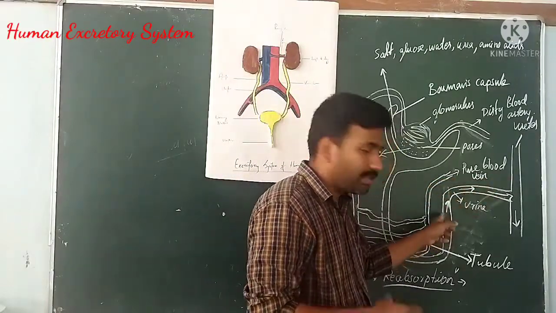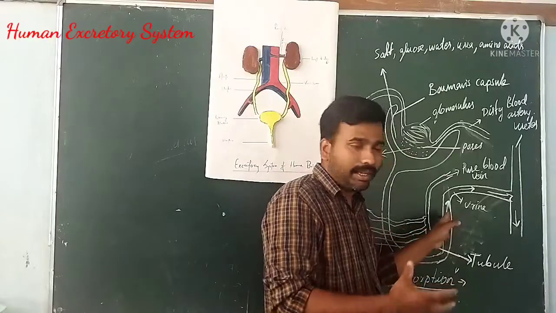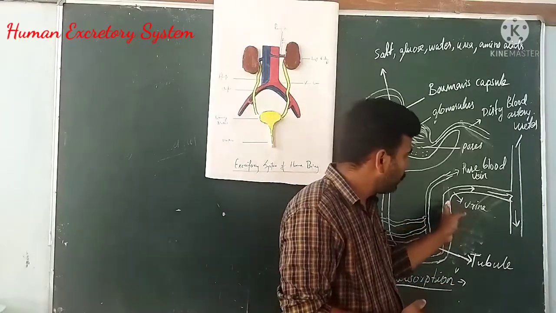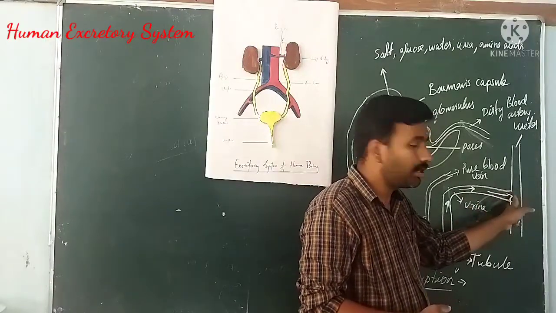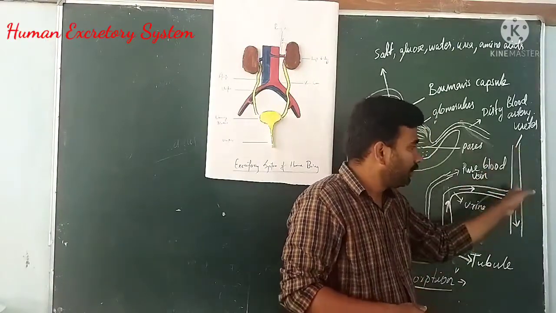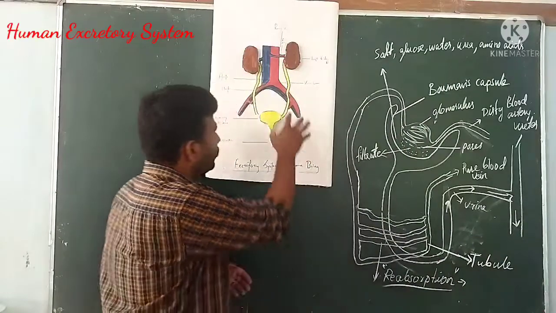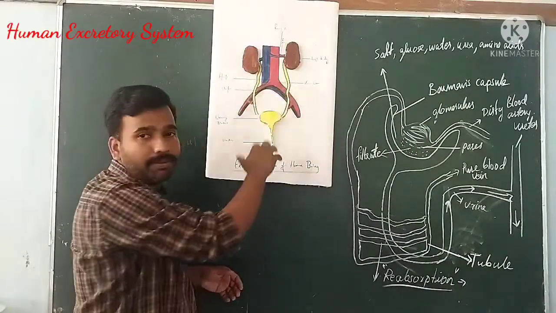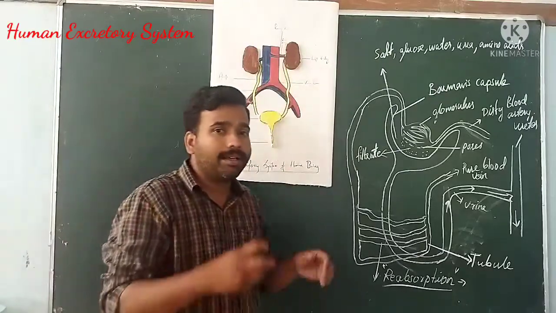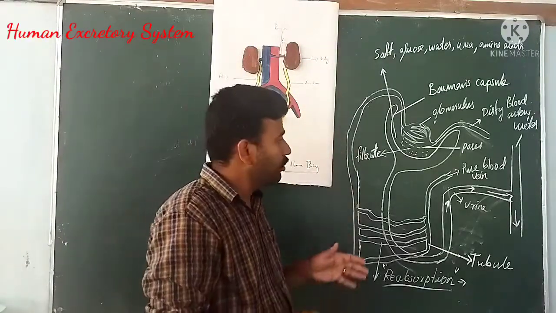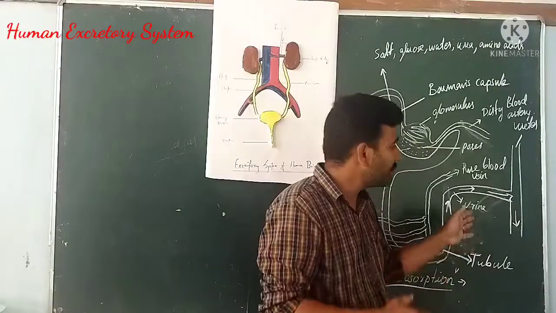The collected urine, the excretory product, will now pass through this small tubule and reach the ureter. As you can see here, only a pair of ureters is present, but inside the kidney this ureter is divided into millions of small tiny branches.